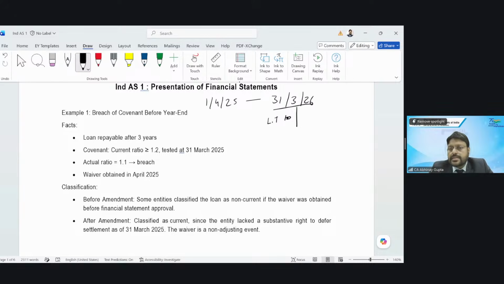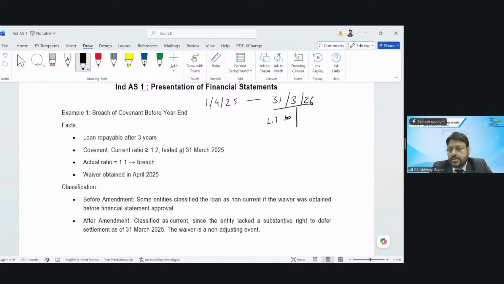But under the Ind AS, this needs to be focused. So we have to see if there are any breaches for any of our long-term liabilities, right? Then whether they are resulting in reclassification. If the answer is yes, then we need to present those liabilities as current liabilities rather than continuing with the long-term liability presentation.